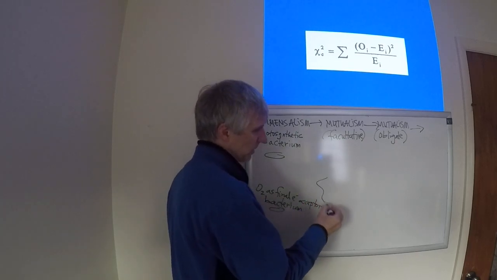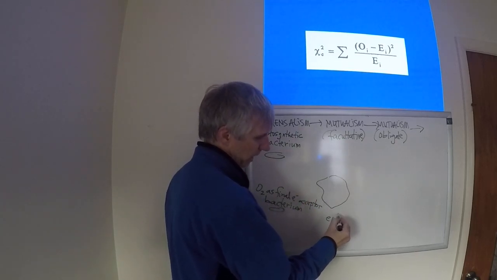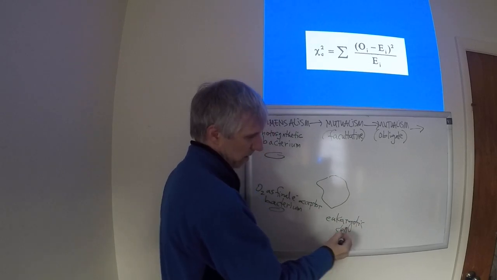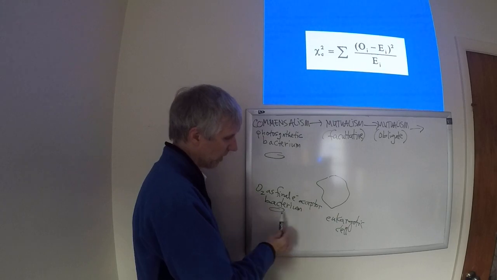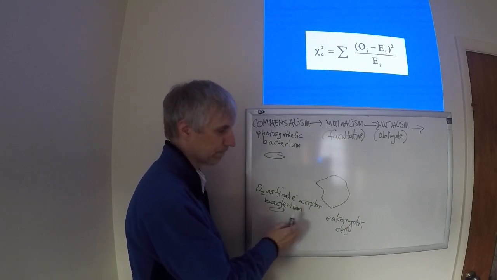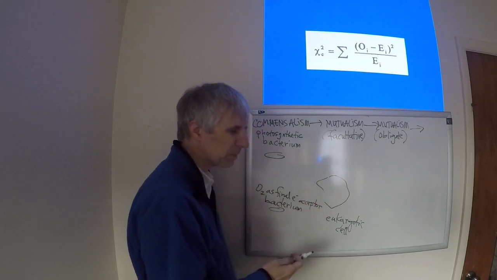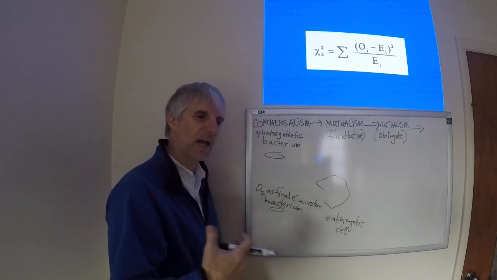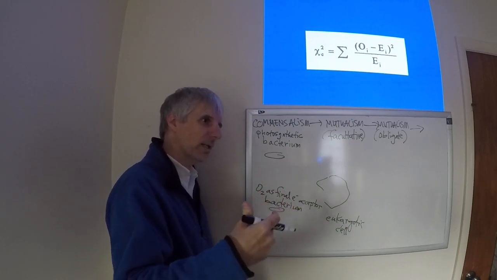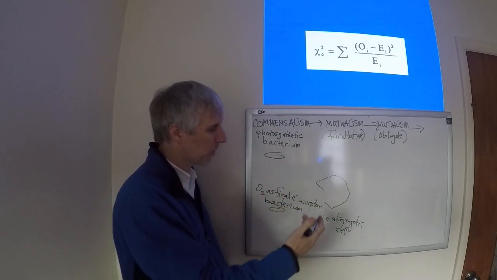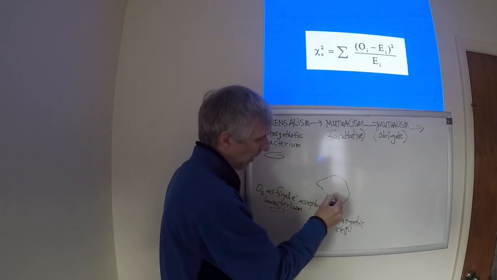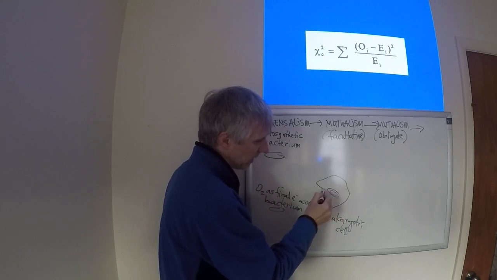Now I have this eukaryotic cell here, and at some point we think the eukaryotic cell took up the bacterium, probably through a phagocytic process, and brought in this bacterium inside a little vesicle.